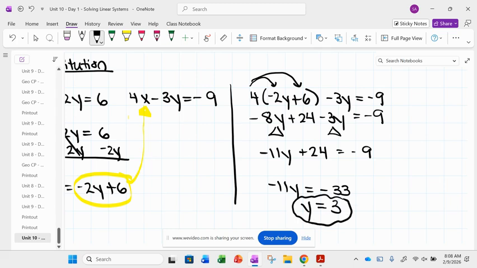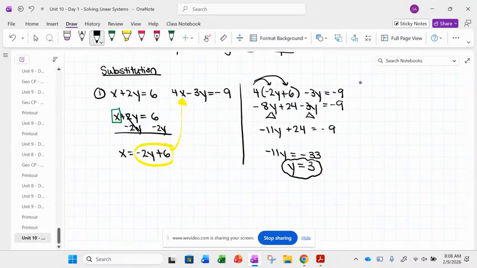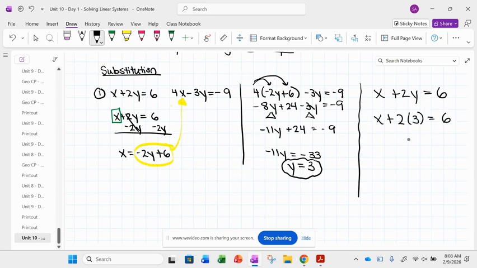Now that you found the y, we need to find the x. You go back to one of the equations. It does not matter which equation you plug back into. Doesn't matter. I'm going to go back to the original, x plus 2y equals 6. Or I'd go into x equals -2y plus 6. And now I'm going to sub in that 3. So x plus 2 times 3 equals 6.